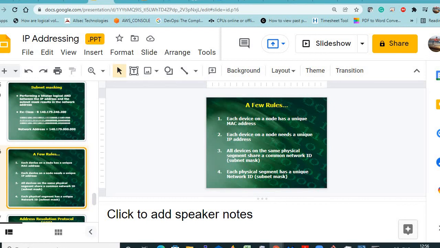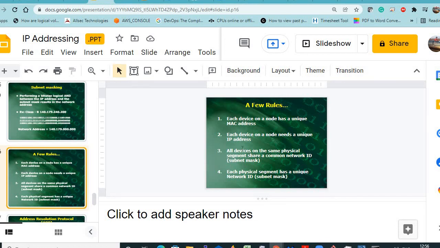And every device needs a unique IP address, right? Because for example, me and Sharan cannot have the same mobile number, it will have a conflict. In the same way, two devices on the same network cannot have the same private IP address. That is why we have unique IP addresses.